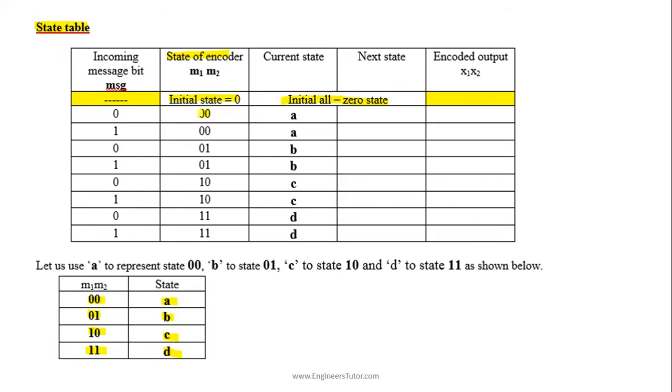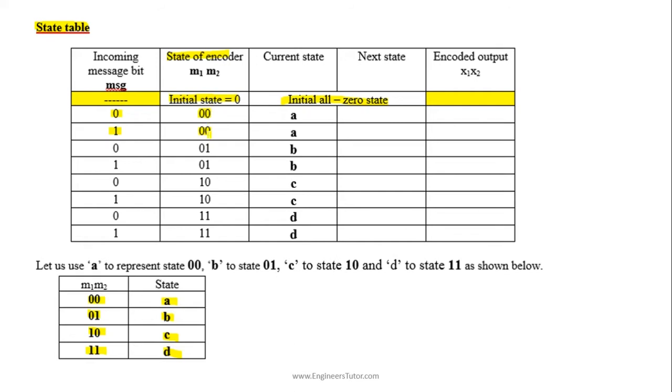First we take all the combinations. It is a binary convolutional encoder, so the incoming bit may be 0 or 1; only 2 digits are possible in binary encoding. Let us assume the encoder is at the 00 state.